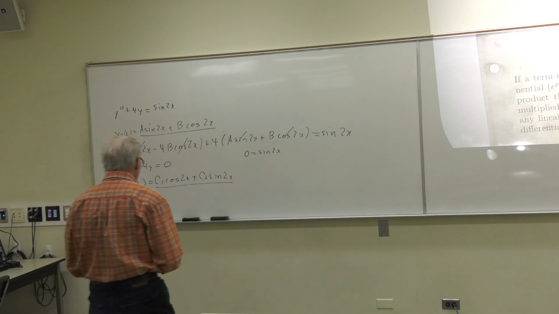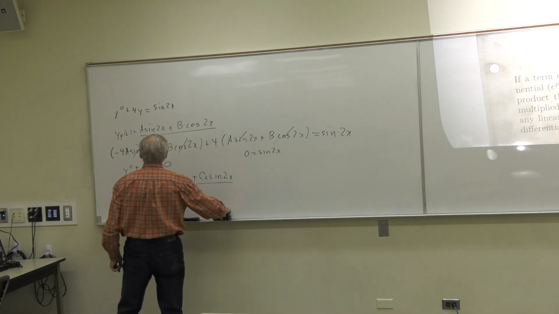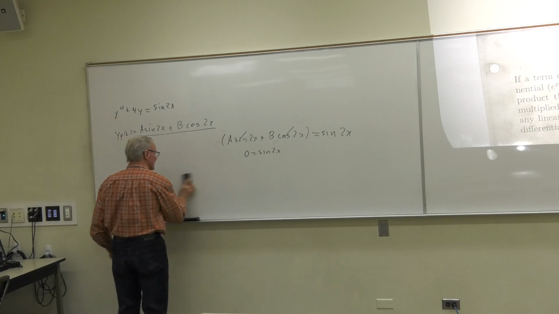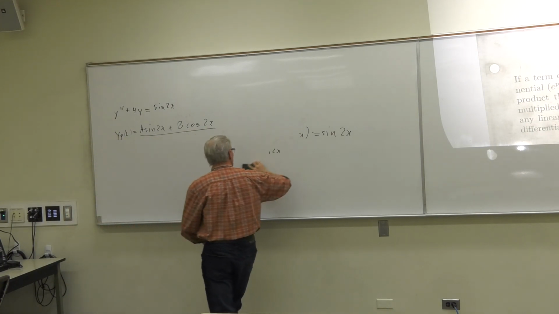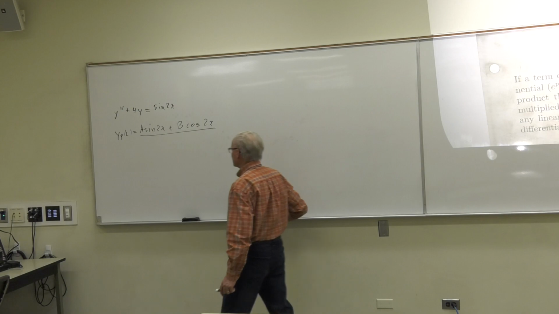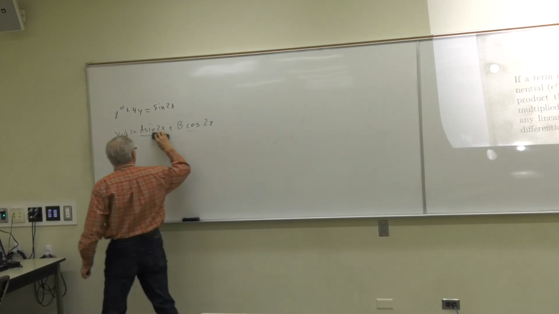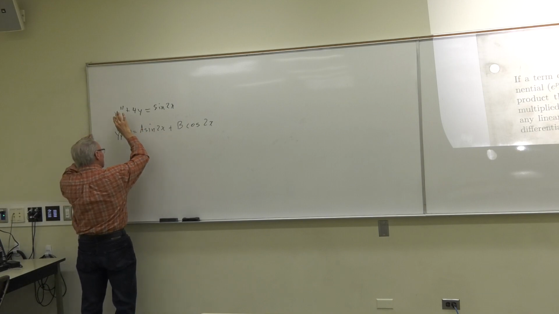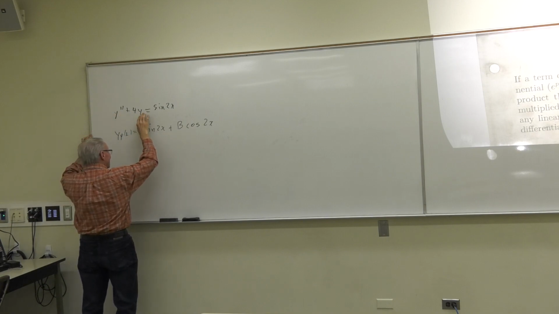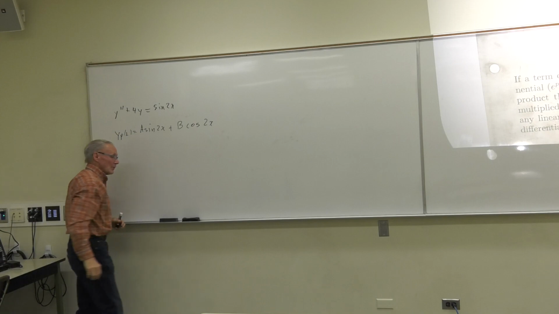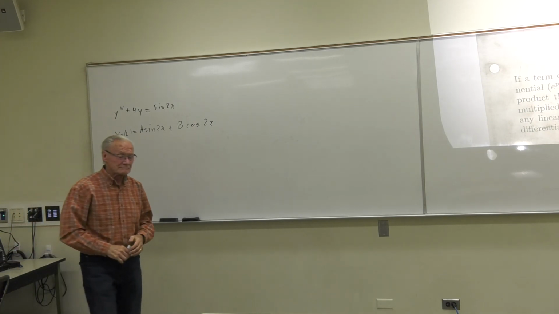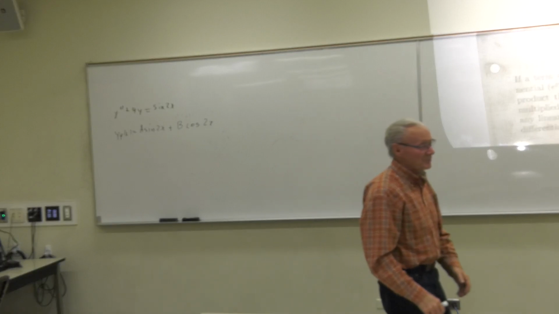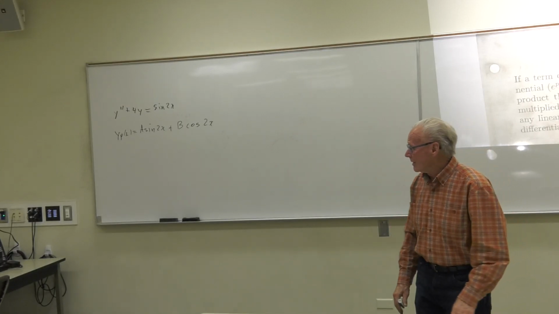So we're going to have to modify. We're going to have to pick a different y sub p. So the question is back to intelligent guessing. What else might you guess at? If you put it here, you might get sine 2x when you're done. Well, I'm not going to switch to polynomials, and I'm not going to switch to exponentials.